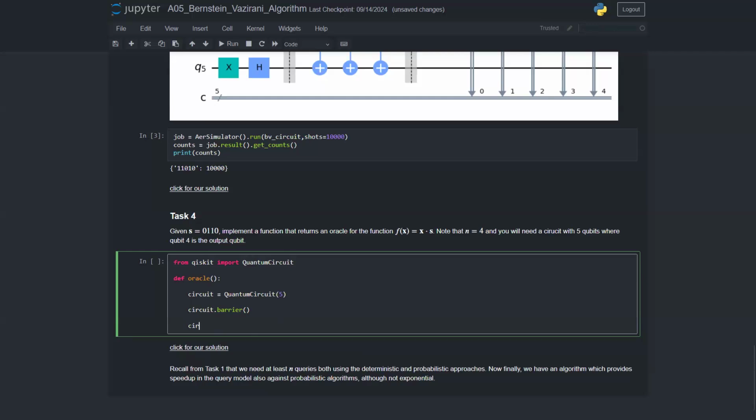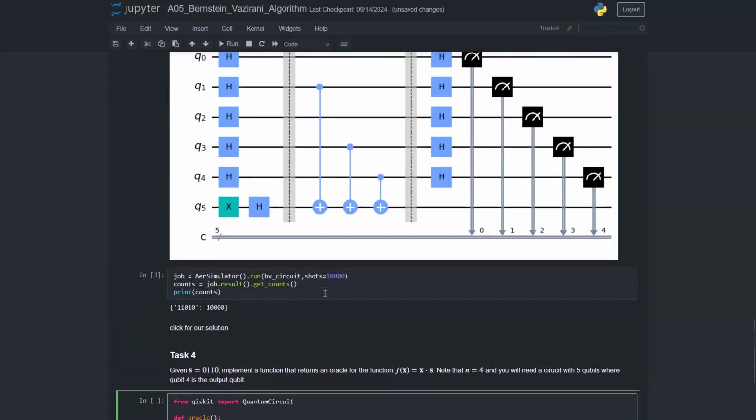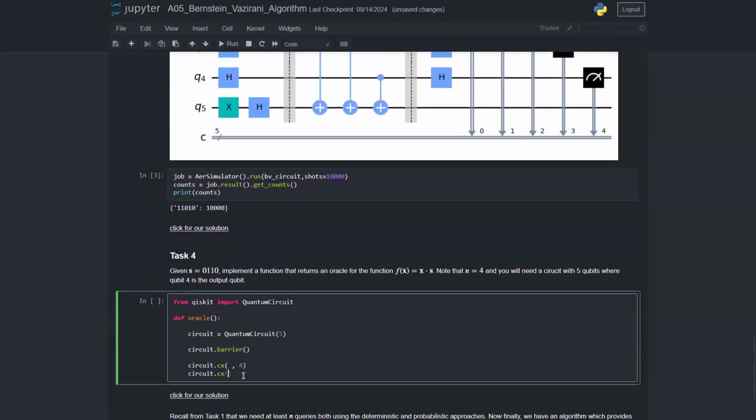And then here we'll have something, and then we'll have 4, since we're always putting the output qubit as a target. Could someone please tell me what numbers we'll put here?